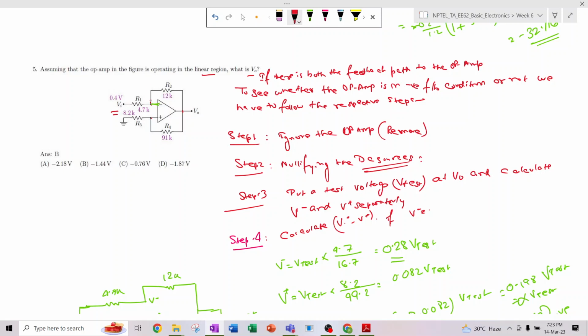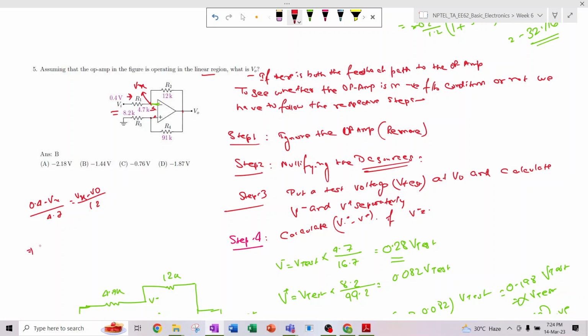Suppose here the potential is Vx. Whatever current is flowing through this side is 0.4 minus Vx divided by 4.7, because no current can flow into the op amp, equal to Vx minus Vo divided by 12, right?